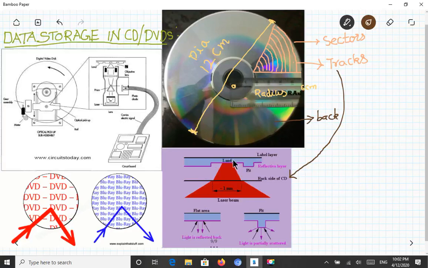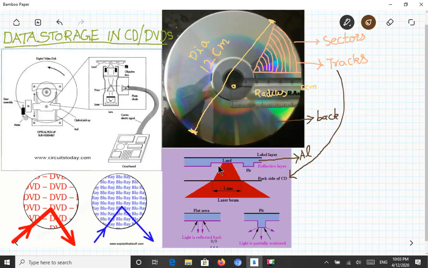Next to the label, you can see something called a reflective layer, where the actual data is written. This layer is made of aluminum for reflection, like a mirror.